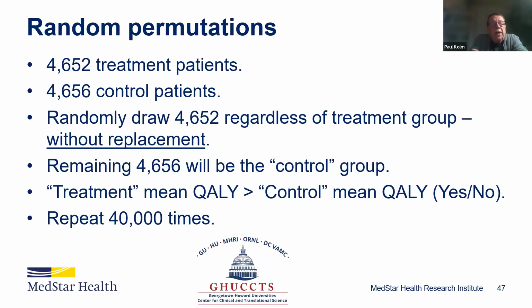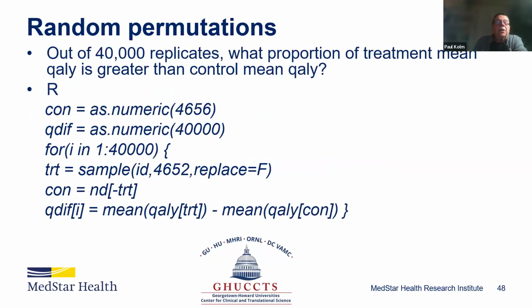And then we want to test whether the treatment mean quality is greater than the control mean quality, which is just, it either is or isn't. And we're going to do this 40,000 times. This is actually fairly easy to do. So our question is going to be, out of 40,000 replicates, what proportion of treatment mean qualities is greater than the control mean quality? And here's a little R program that does that.